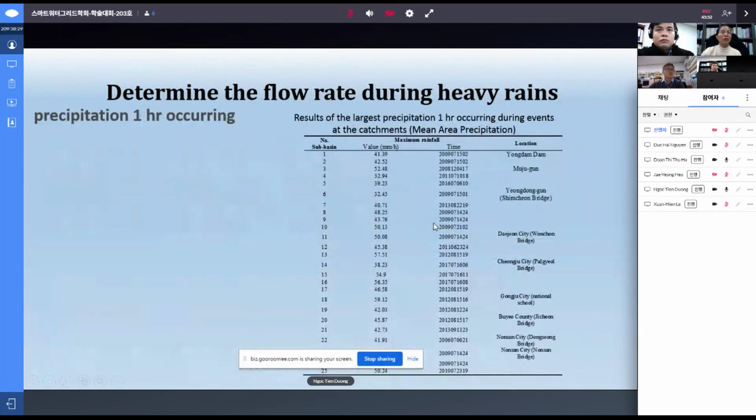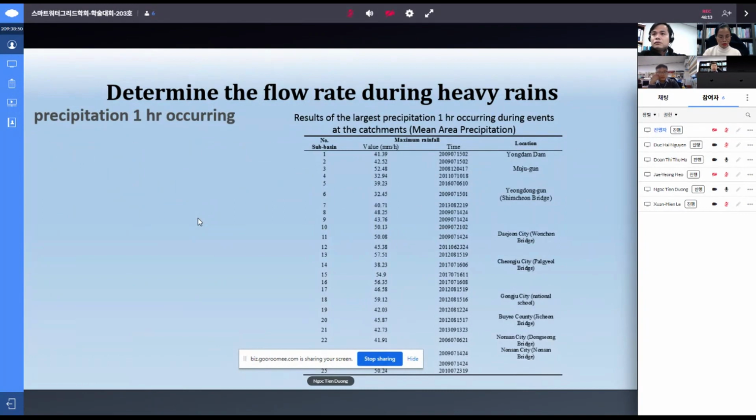In the next part, I want to show the determined plot using the SUR model to determine characteristic rainfall and plot in the Kum River.